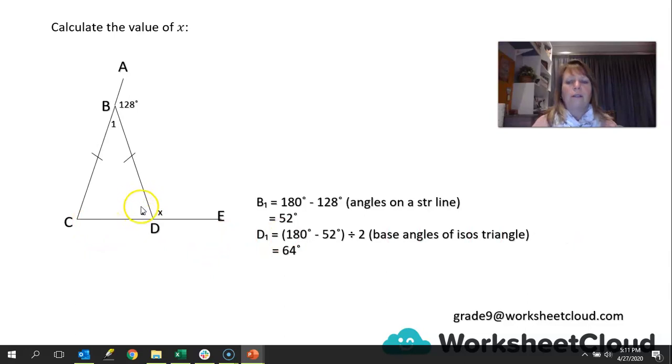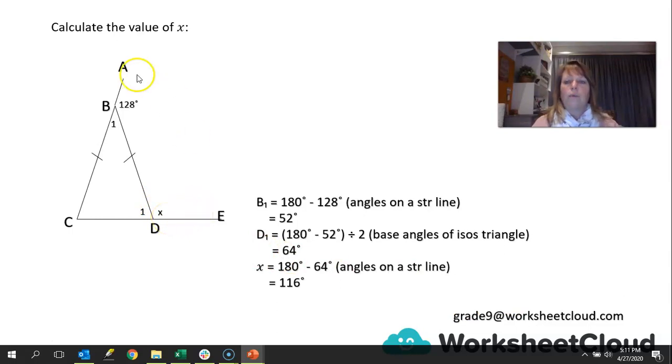So this angle is 64, right? Then we're going to work out what x is, because again it's angles on a straight line. So we've got 180 degrees minus the 64 that we worked out for D1, and that is going to give me 116. So x is equal to 116.